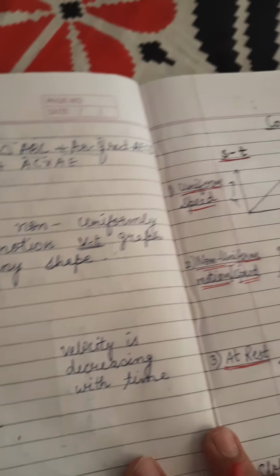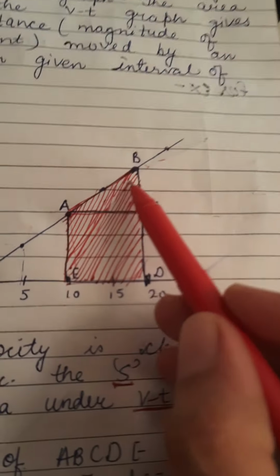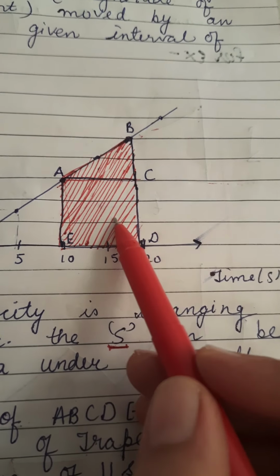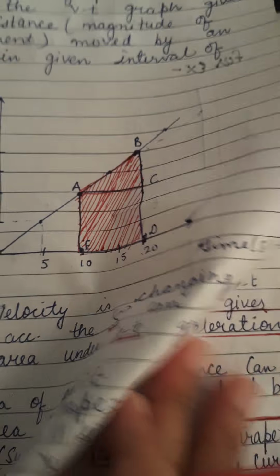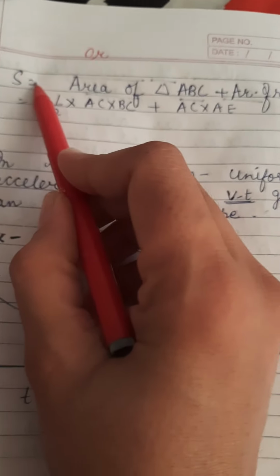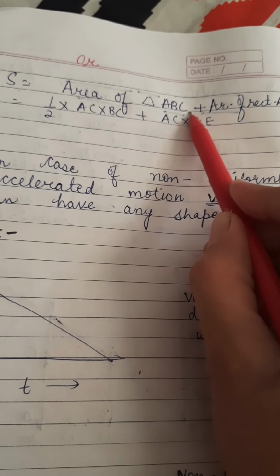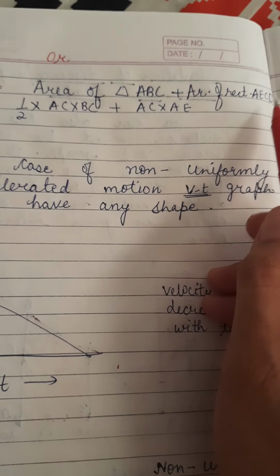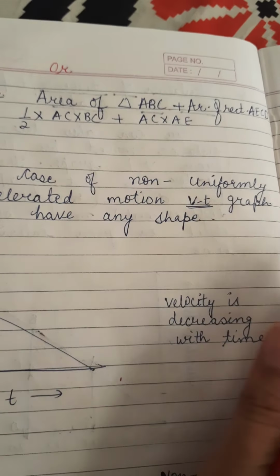Or you can also say that the area of triangle ABC plus the area of rectangle ACDE will also give you the same result, that is distance. It can be calculated by calculating the area of triangle ABC plus the area of rectangle ACDE instead of using the area of the trapezium.